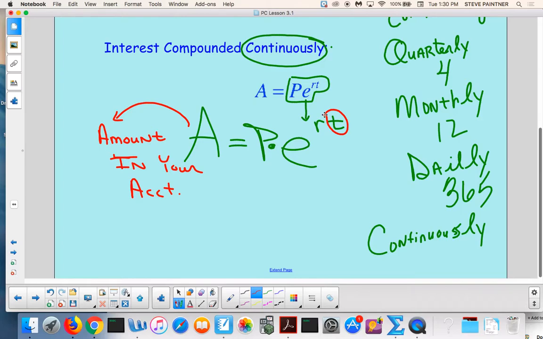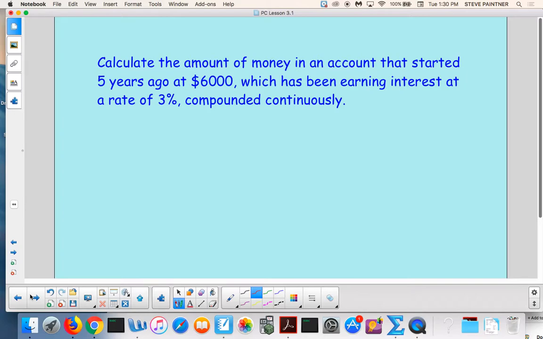So after that amount of time, that's how much you have in your account. Okay? I think I've said enough about the formulas. Let's go. Go get it. You gotta pick the right formula.